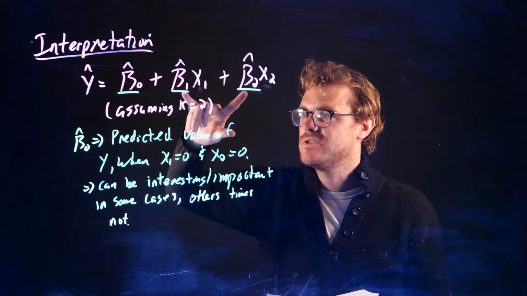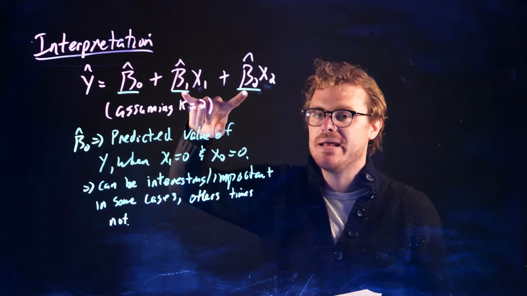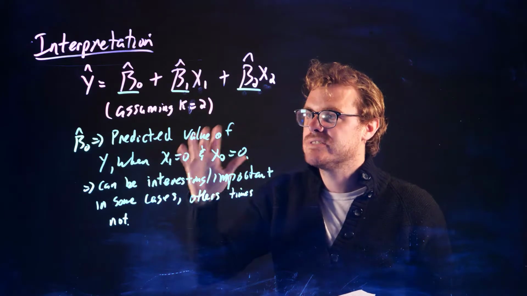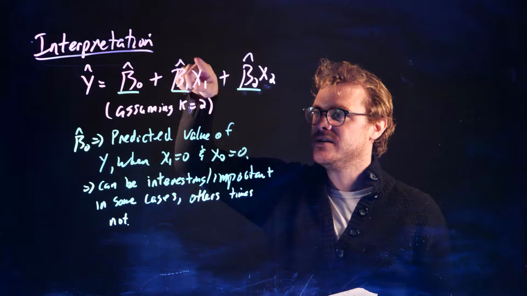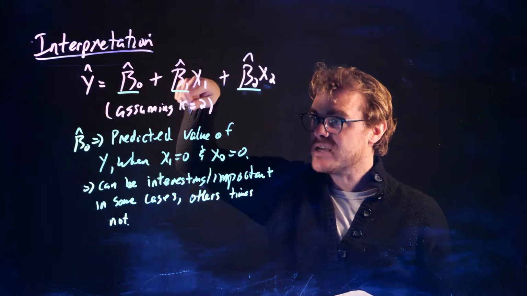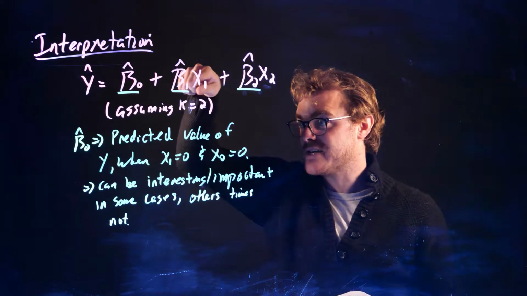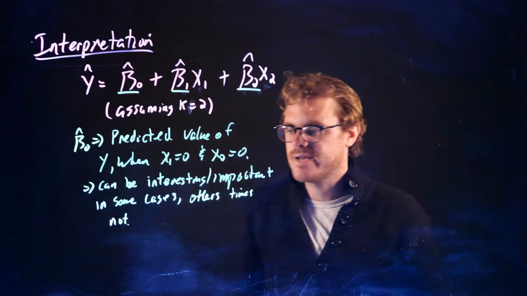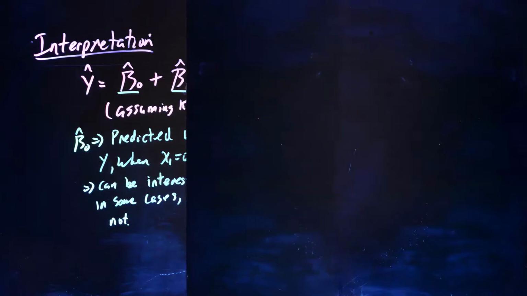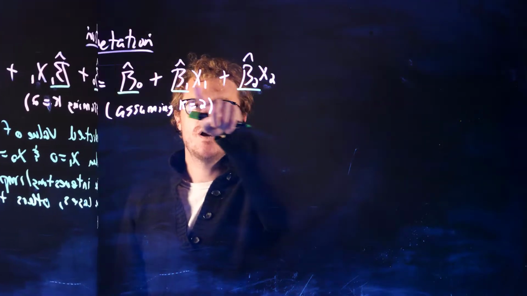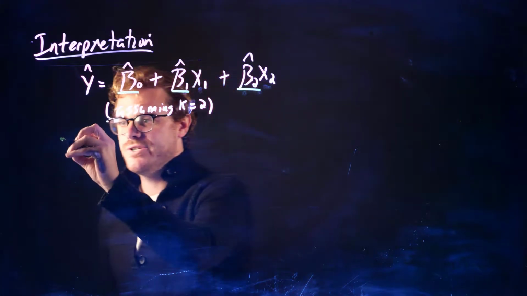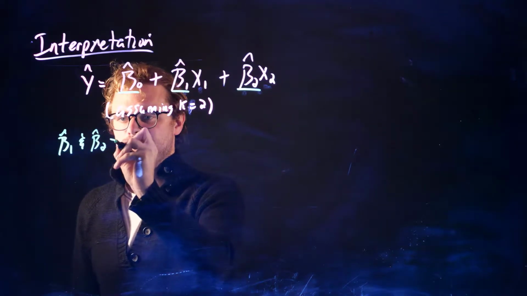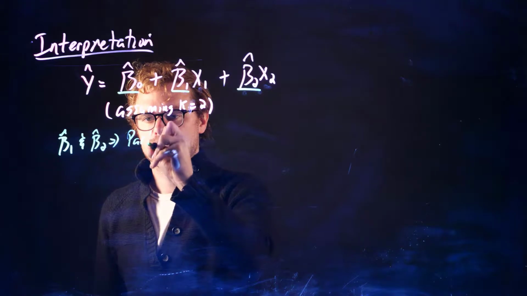Now we can start talking about beta hat 1 and beta hat 2 and thinking about these as partial effects. To isolate the effect of x1 on y, we'll have to shut down x2, but we'll see that in a second. These are partial effects.